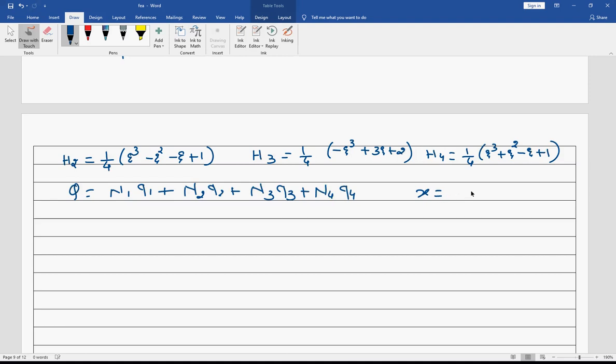And my coordinate system is x equal to N1 x1 plus N2 x2. So this is a super parametric formulation. If you remember, I told you super parametric, isoparametric and subparametric. This is super parametric because my coordinate system is of linear order, and the displacement is of cubic order.